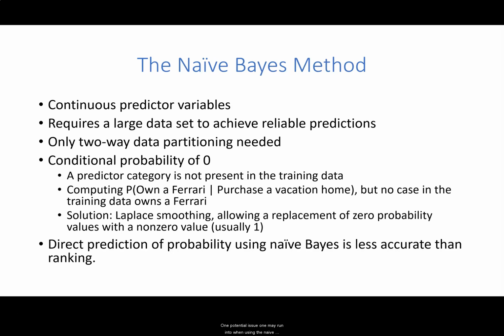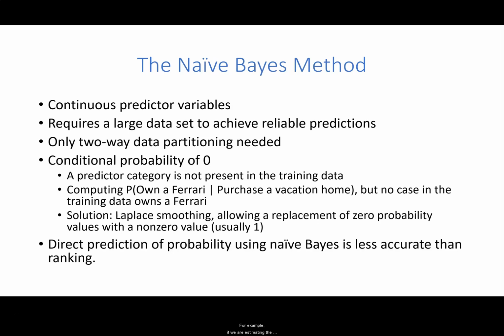One potential issue one may run into when using the naive Bayes technique is that sometimes a predictor category is so rare that it may not be present in the training data. If that happens, naive Bayes will estimate the formula to be 0 since the conditional probability involving the predictor category is 0.